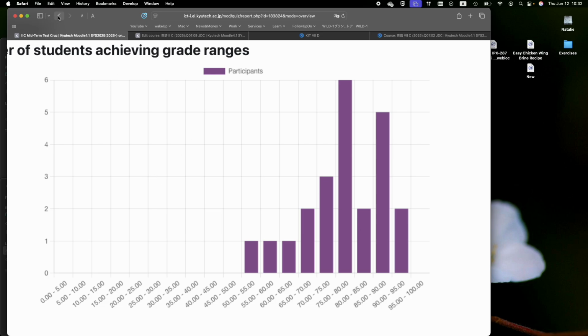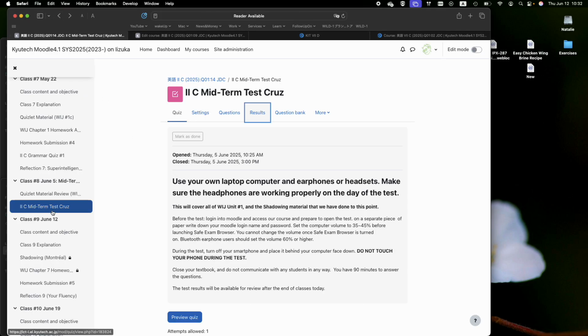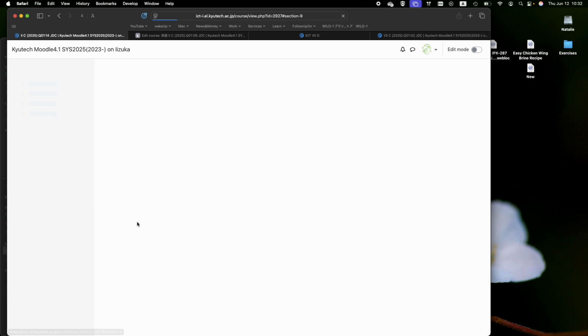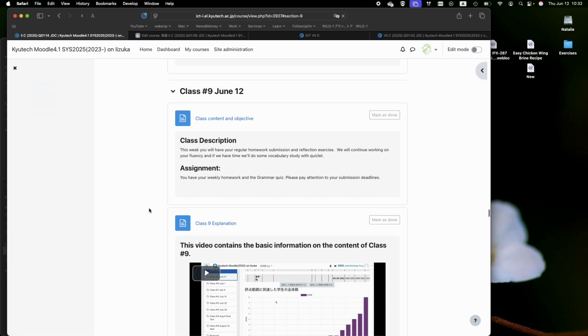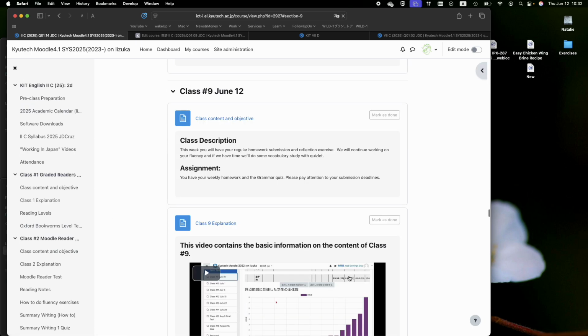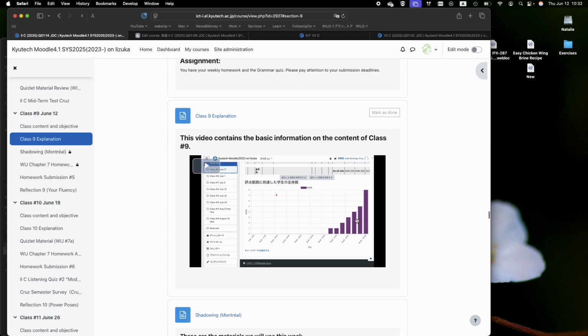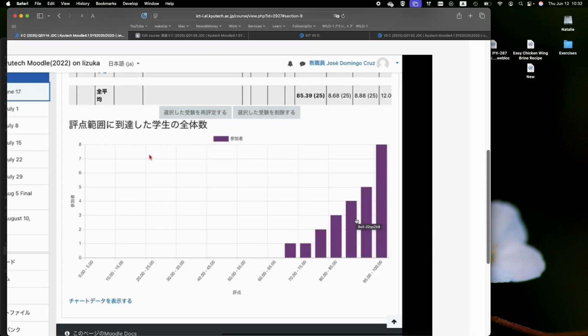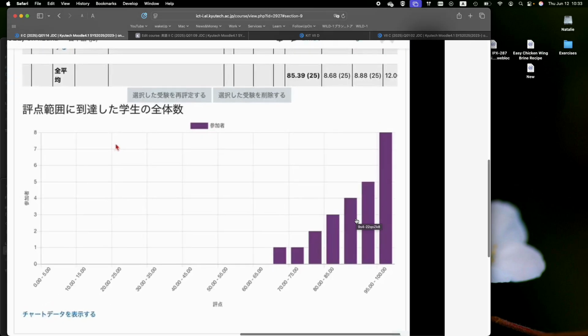And if you look at, I have an image from last year. Last year, the performance was actually more towards, make that a bit bigger. This is last year. Last year, a lot more people got a higher grade, but the test was a little easier last year.